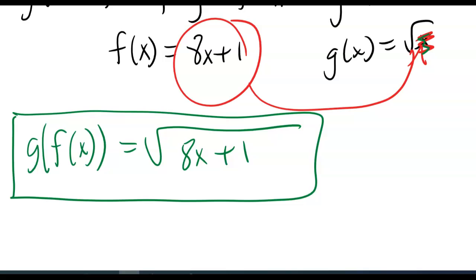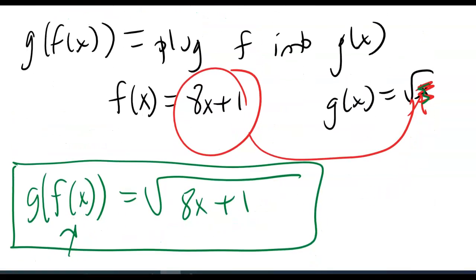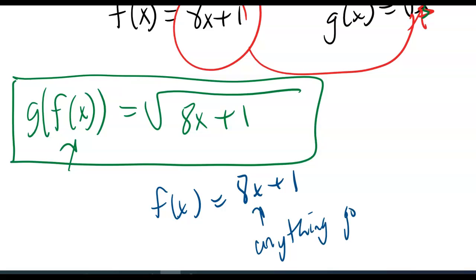We have to consider what we're putting in based on what f is, and then what we can put into g. So let's go back to the domain of f. f of x is 8x plus 1. There are no restrictions. We can put in anything we want, so all real numbers we can put into f.